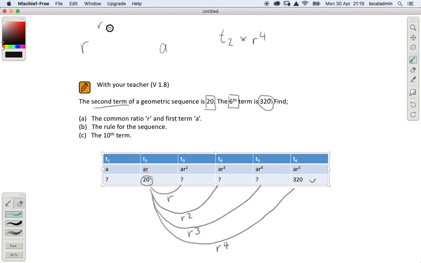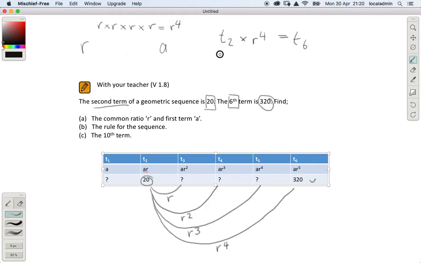Remember, r times r times r times r equals r to the power of 4. It is not 4r, it's r to the power of 4. So we are saying that if we take the second term and we multiply by 4 r's, we end up with the sixth term. Okay, so once we got this one, it is easy to simply substitute.